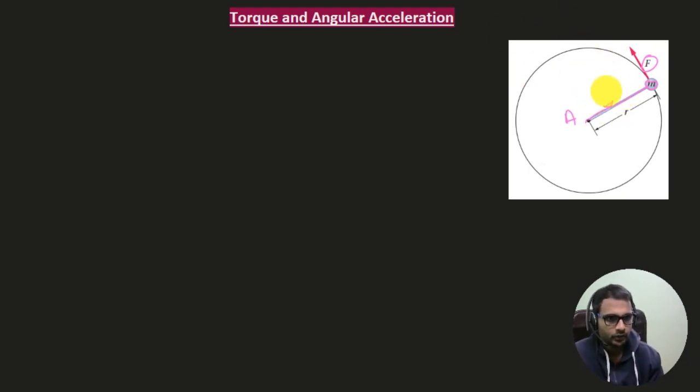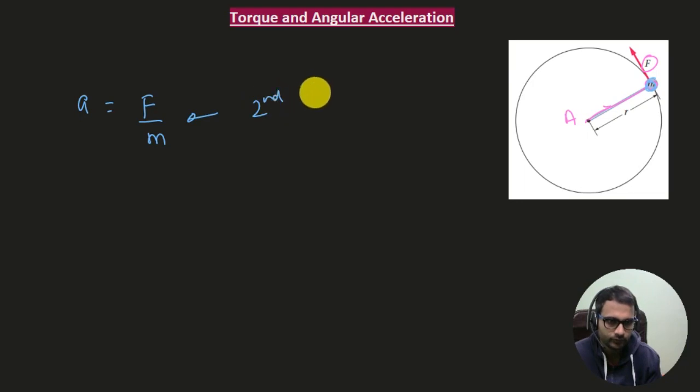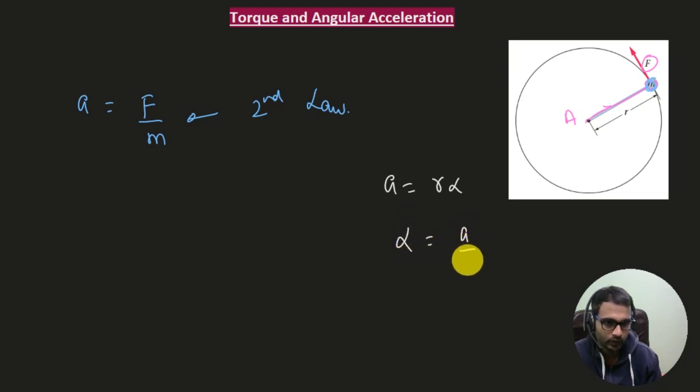Now if we apply Newton's second law of motion on this mass m, I can write that the acceleration a will be equal to F divided by m. And if you recall the connection between the angular acceleration and the linear acceleration, it is a equals r alpha, and from here alpha will be equal to a over r.